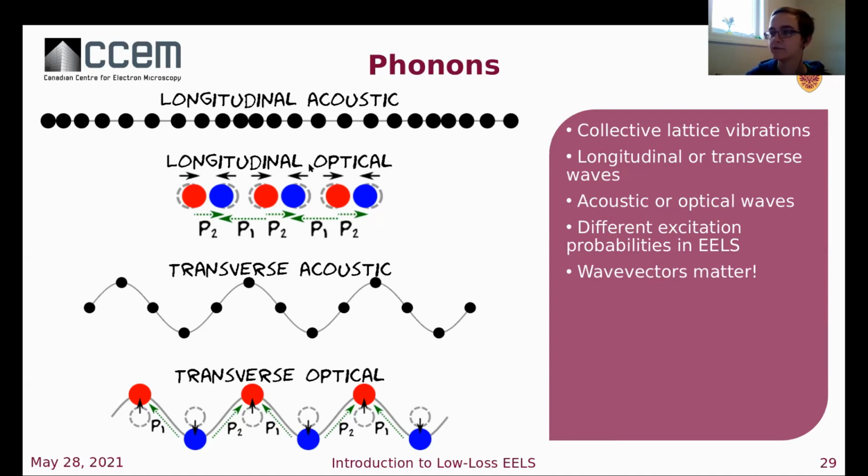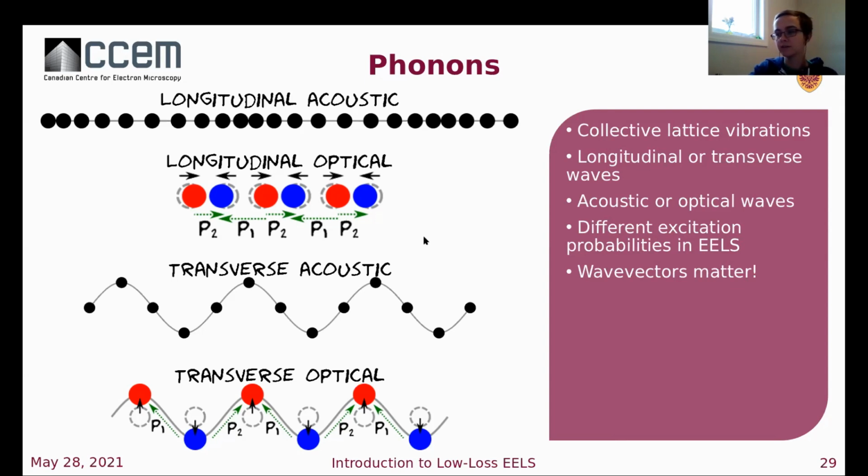Now, these four different types of phonons can all exist in the bulk in your material, depending on the material. In different lattice orientations, different phonons with different wave vectors will propagate.